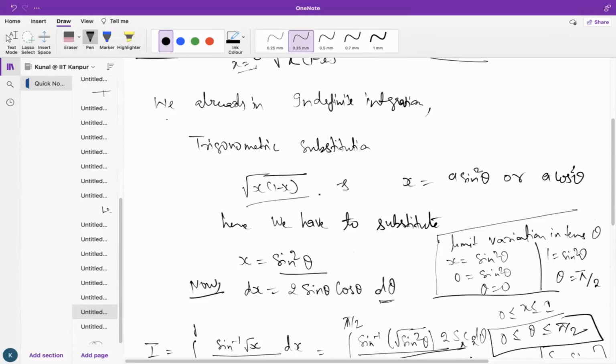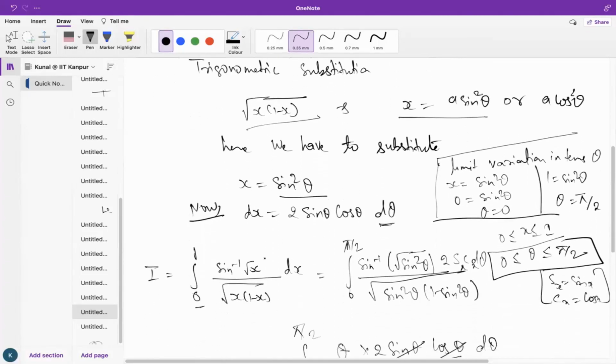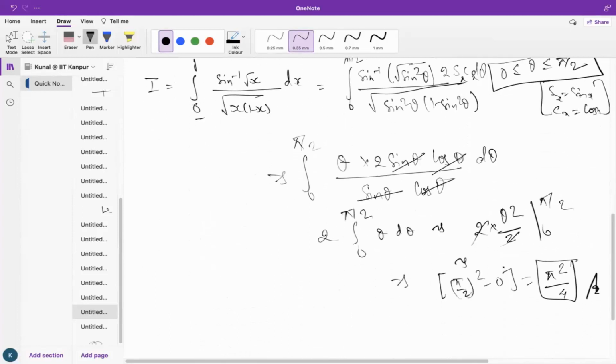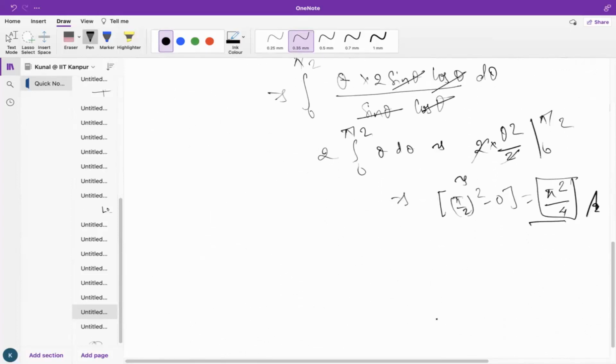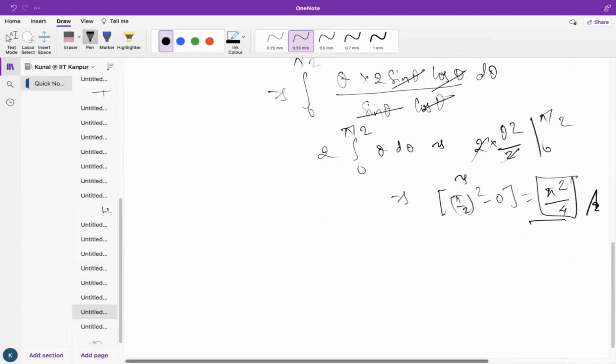Like if the function looks like this, we substitute x equal to either a sine square theta or a cos square theta, and here the value of a is 1. So we just substitute x equal to sine square theta, and when we proceed, we reach this standard result. I hope you'll all understand this.